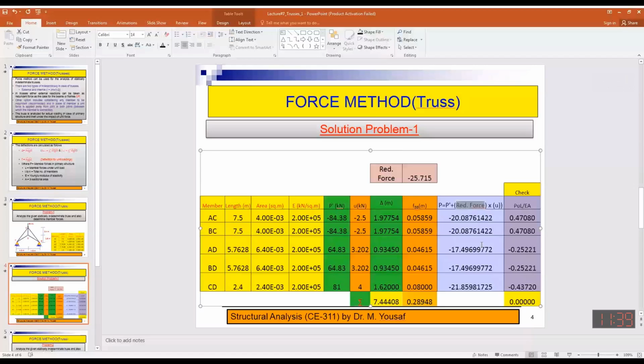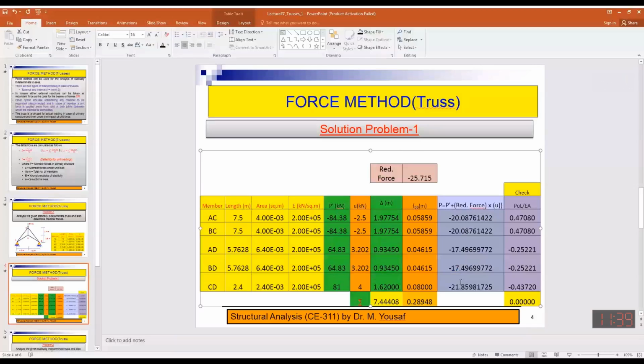So it will be multiplied by u, and u is given over there. This is the force due to unit force, so force in the member due to unit force. You will multiply both of these two plus p dash, and you will see that these are the final values. Yes brother, remembered? Yes sir, understood.